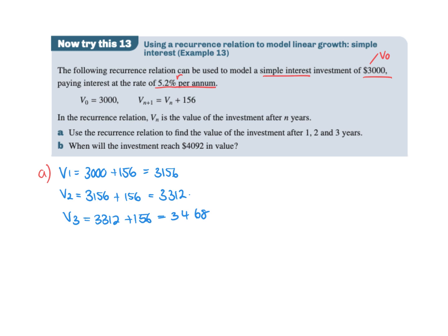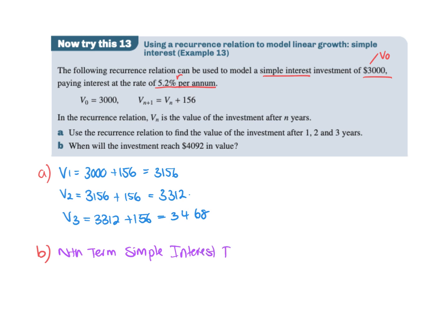Okay, so when will the investment hit 4,092? Now, you could keep on going, but I'm going to show you how we can find that using the nth term. I'm going to use the nth term simple interest formula.